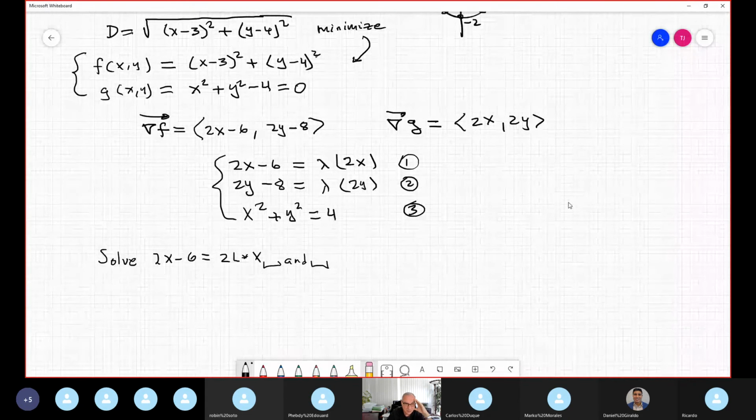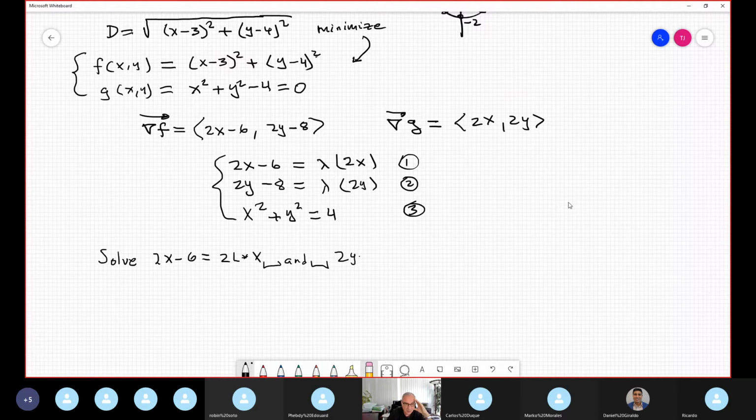This is a typical format. 2y minus 8 equals 2L times y, space and, x squared plus y squared equals 4.